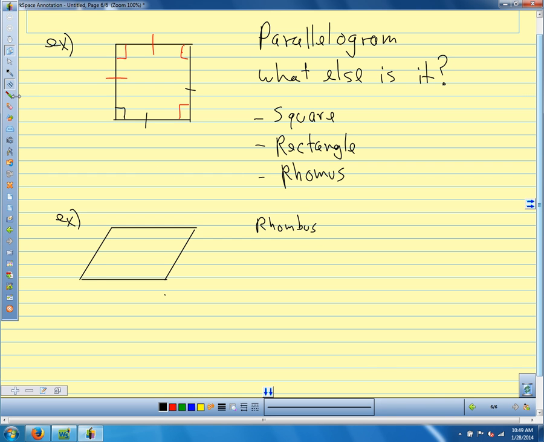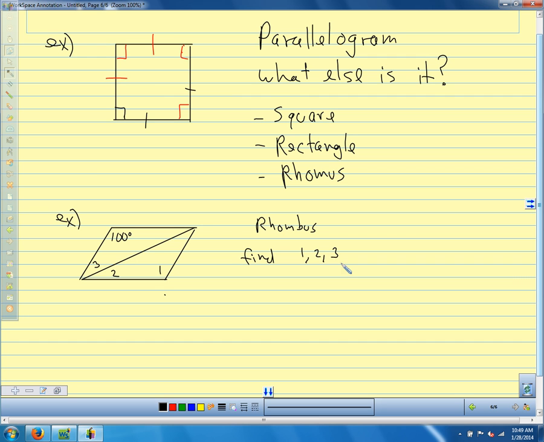And again, we want to go by what the problem tells us, not necessarily by how it looks. And we want to find the numbered angles. We want to figure out what those numbered angles are.